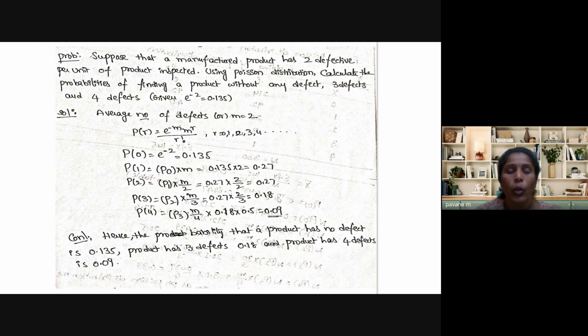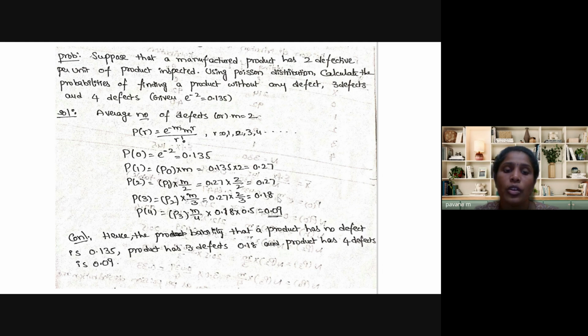Okay, so now we know the value of m is equal to 2. Now you apply that value on the formula: P of r is equal to e power minus m into m power r by r factorial. So here r means 0 defectives, so r is equal to 0.